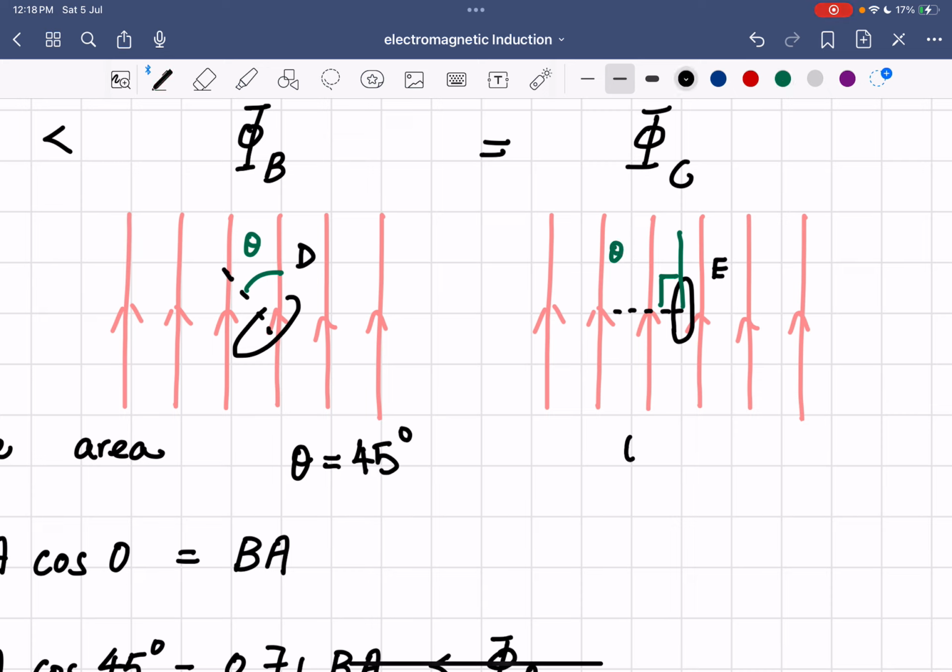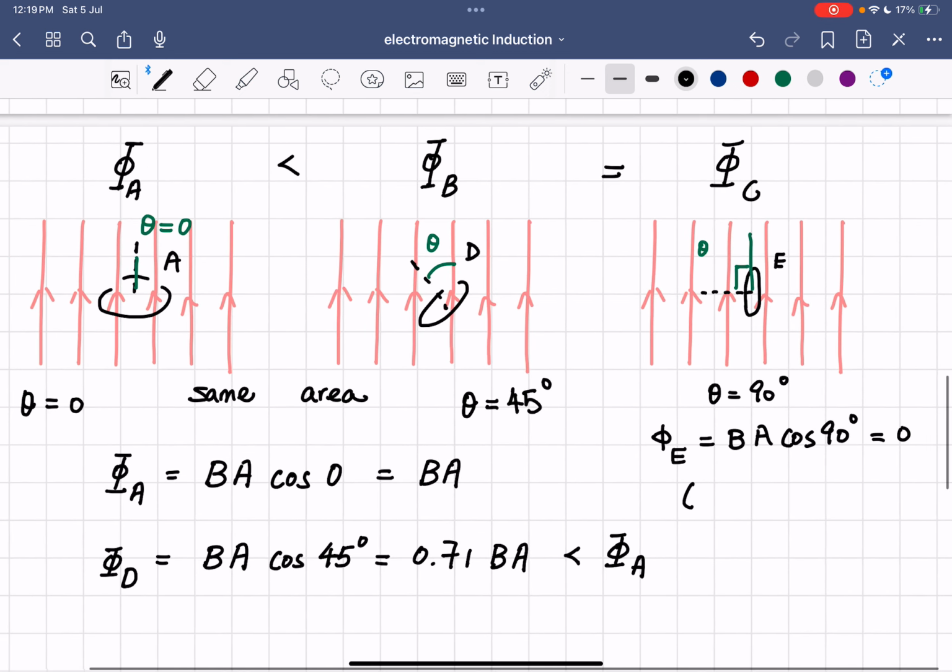So therefore, we get theta equals 90 degrees. Then the corresponding magnetic flux will be, you still have magnetic field, yes. You still have the area A, yes. But you do not have any value because you have a factor of cosine 90 degrees, which is 0. So this makes a lot of sense because it does not enclose any field lines.